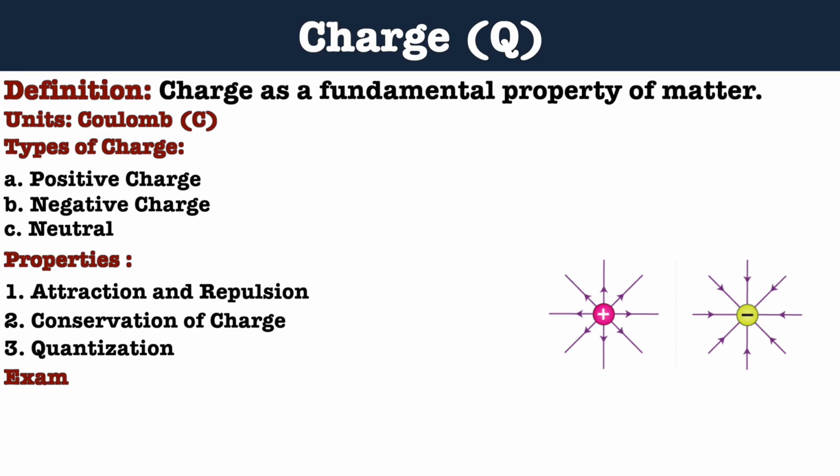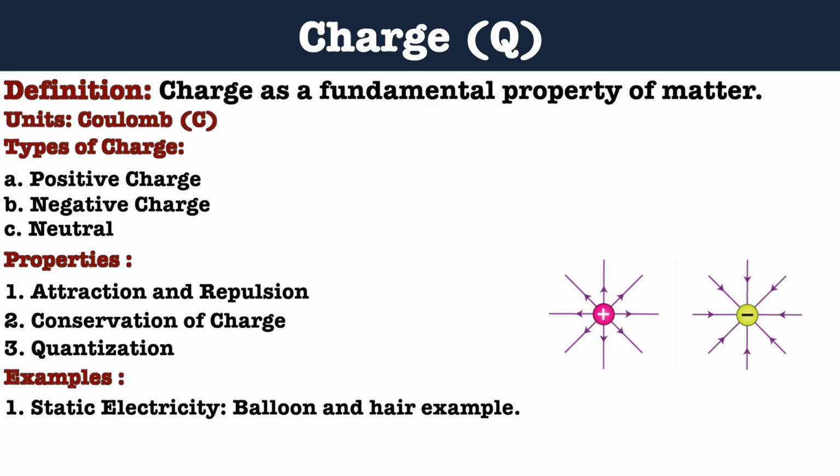Now we will discuss examples from everyday life. First, static electricity. You must have observed that when you rub a balloon on your hair, electrons are transferred from your hair to the balloon. Your hair becomes positively charged and the balloon becomes negatively charged, causing them to attract.